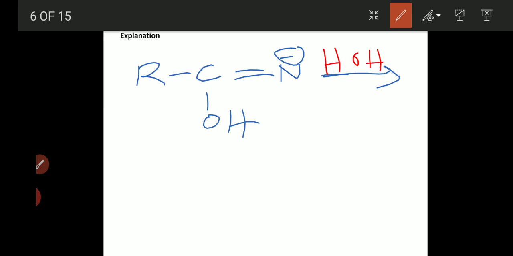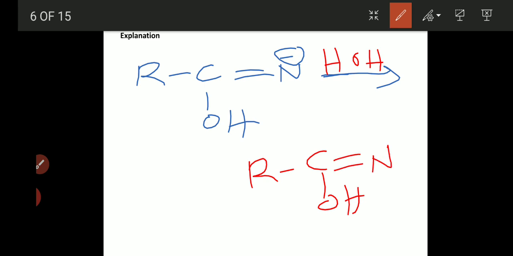With HOH, what will happen? RCOH, this part is as it is, double bond is also as it is. N minus will form a bond with H plus to form NH. So this is called an imine. NH double bond part is there, no? That's why it is called an imine.